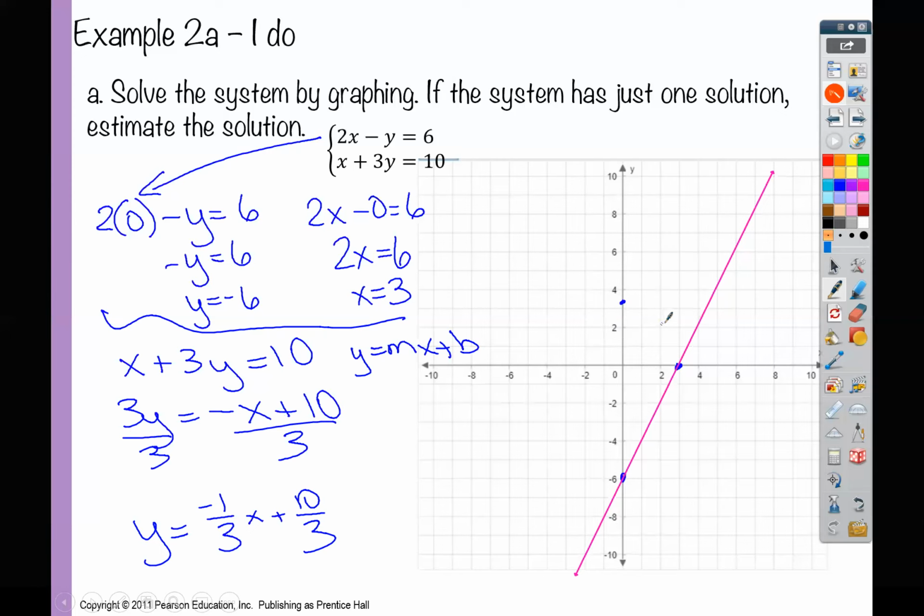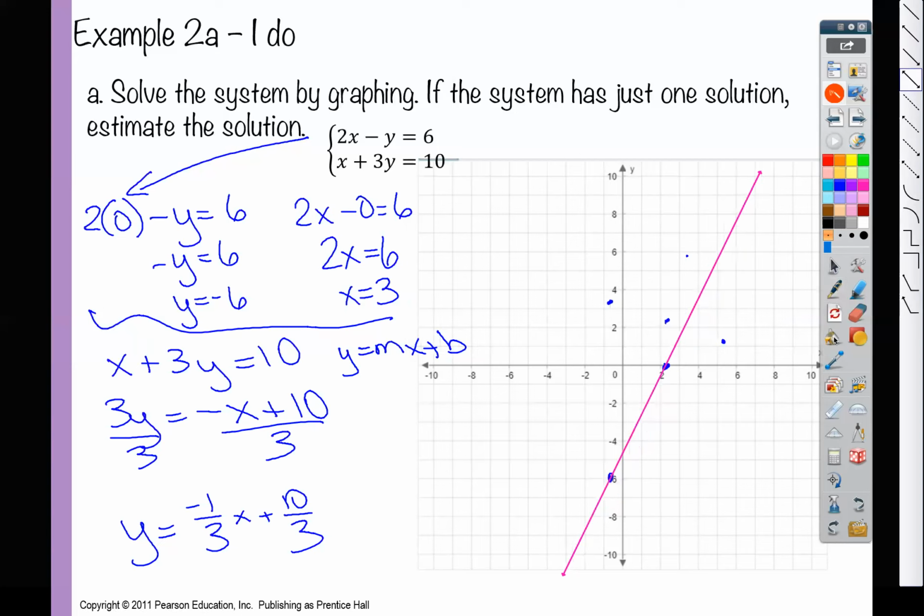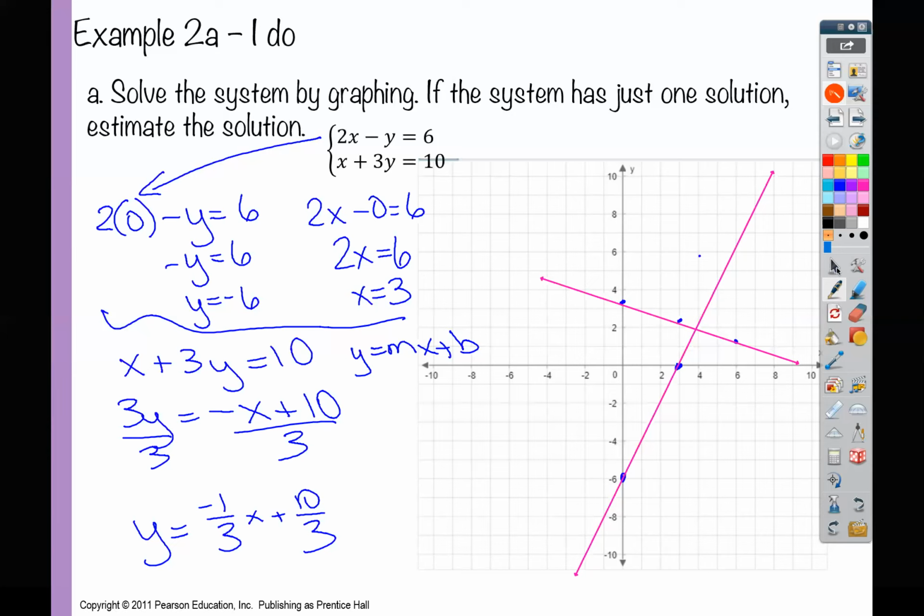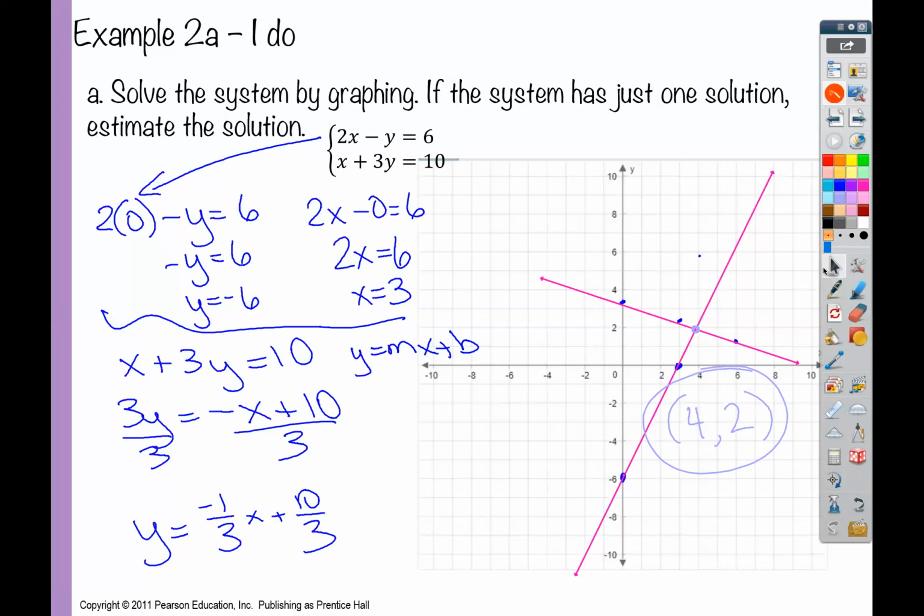Then I'm going down 1, over 3. I'm going to put those as close together as I can. If I had to estimate, my best estimation would be right here where they're intersecting. So I would say at (4, 2). And that is the correct coordinate.